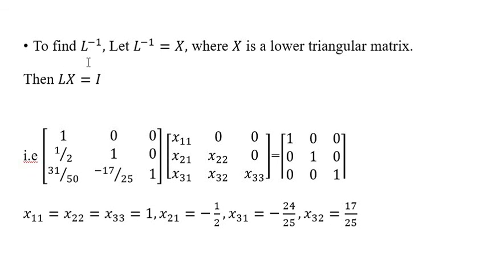So to find L inverse, let L inverse equal to X, where X is a lower triangular matrix, which implies that LX equal to I. Substitute the lower triangular matrix L, equate with I, we get x11 equal to x22 equal to x33 equal to 1, x21 equal to minus 1 by 2, x31 equal to minus 24 by 25, and x32 equal to 17 by 25.